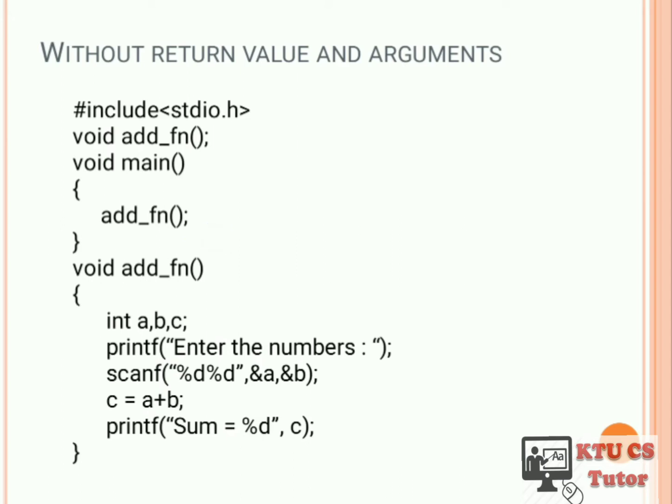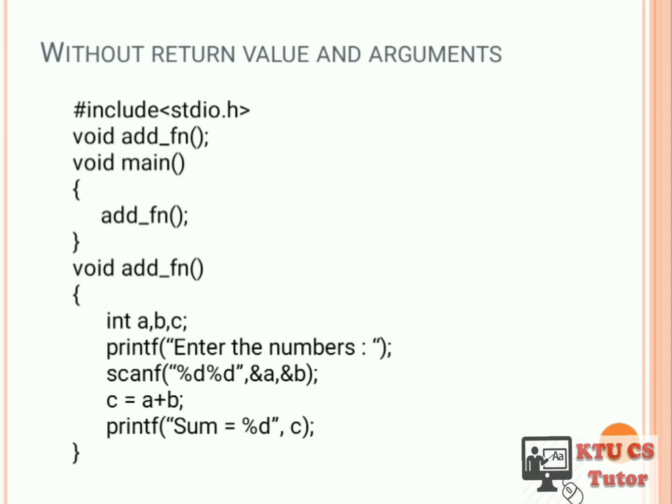Clear? So whenever we are calling this function, control will come here and this function will start executing. So inside this function we need to get two numbers and find the sum, right? For that we need two variables and one more variable to store the sum. So here A, B, C, we are taking three integer variables and we are reading the values of A and B to add the numbers.